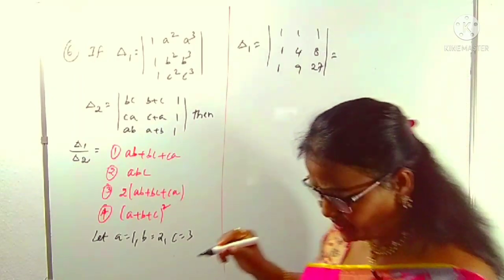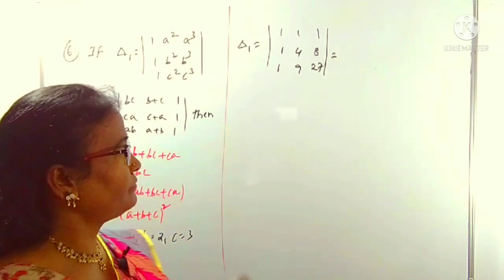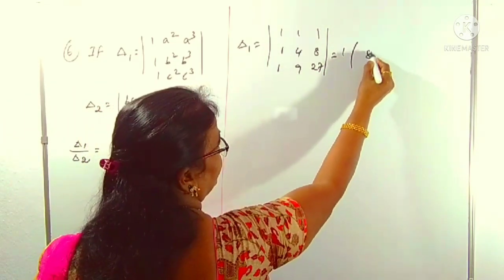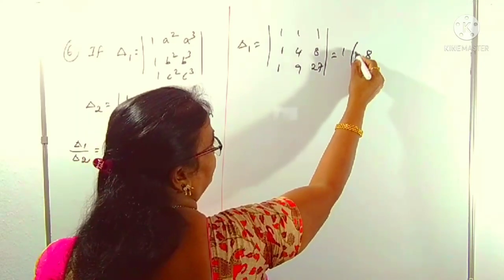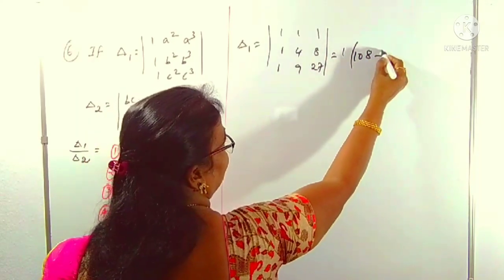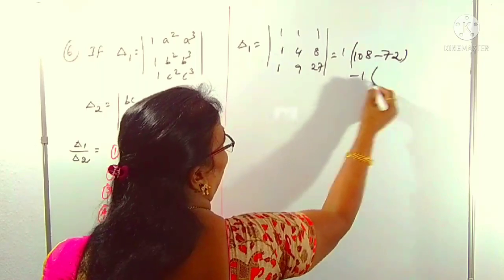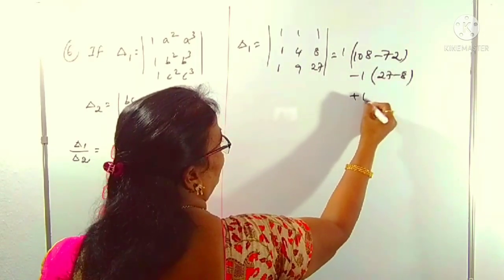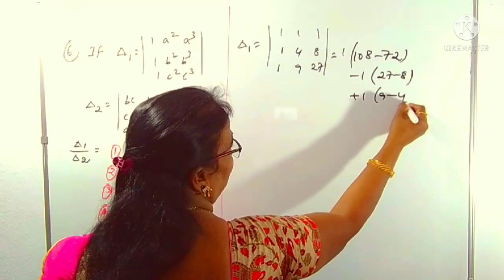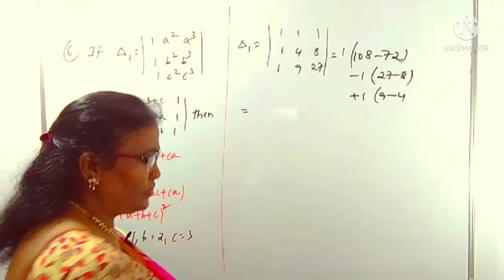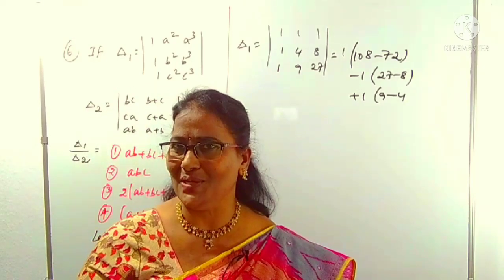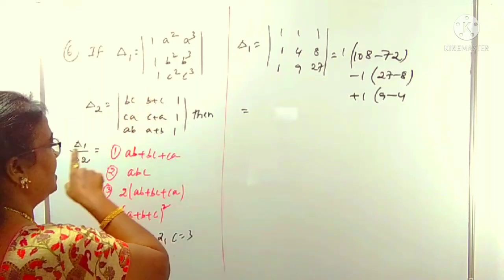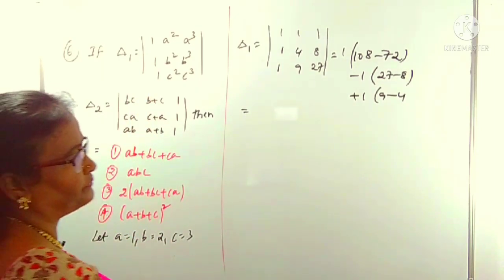By this expansion: 1 into (4 times 27 is 108, 8 times 9 is 72), minus 1 of (27 minus 8), plus 1 of (9 minus 4). Don't think about what I am taking, easy values you have to take, with no repetitions in the options and no undefined values.